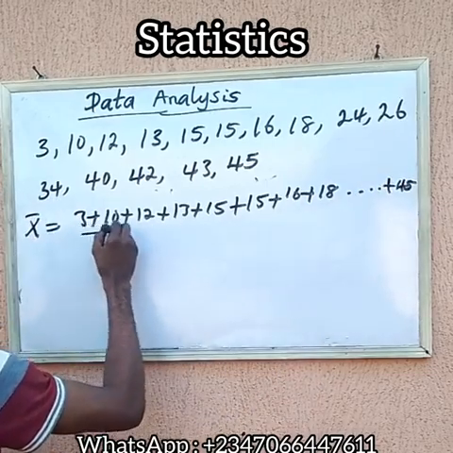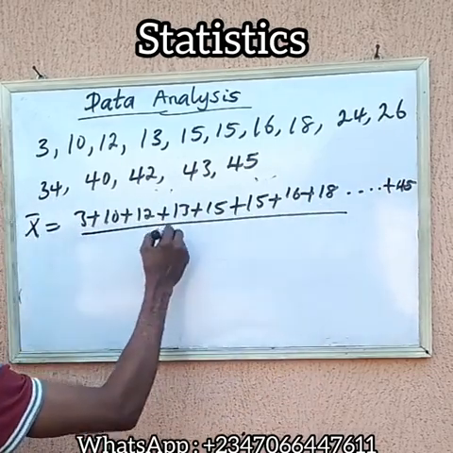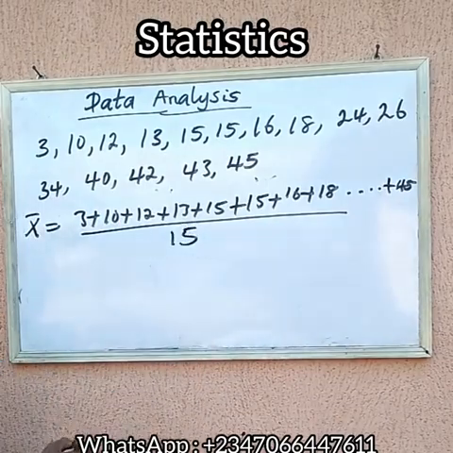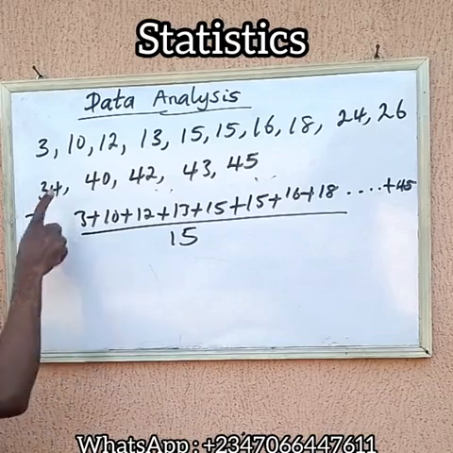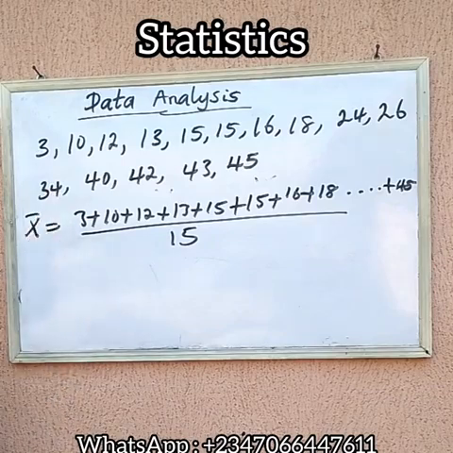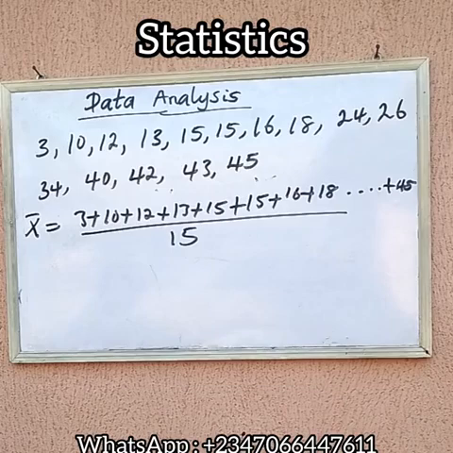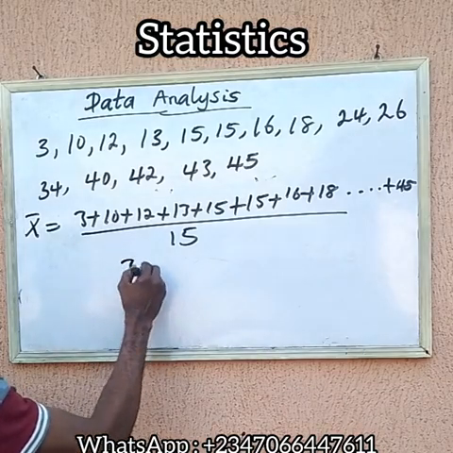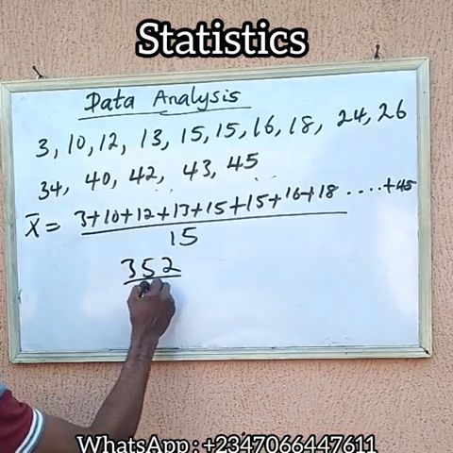Then when you add up everything, divide by 15. Because we are told 15 times, we divide both sides by 15. And after the summation, we are going to have 352 all over 15.